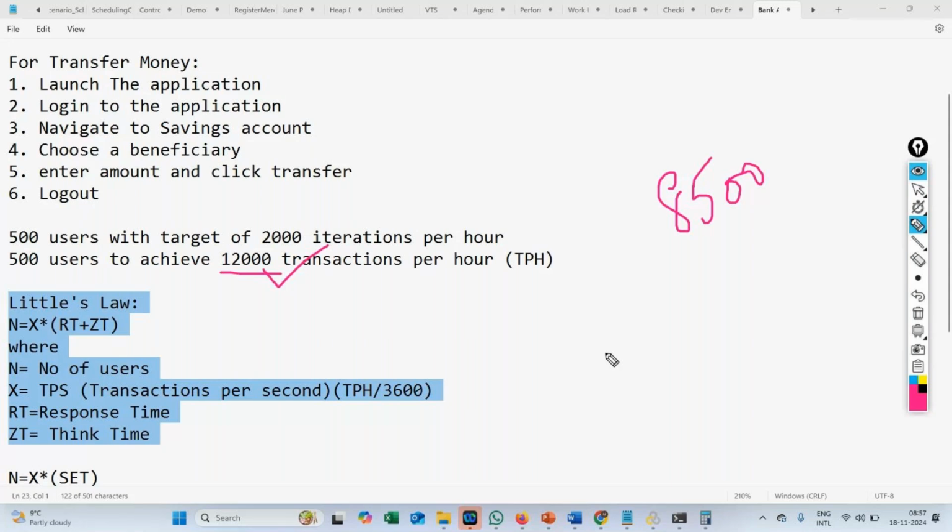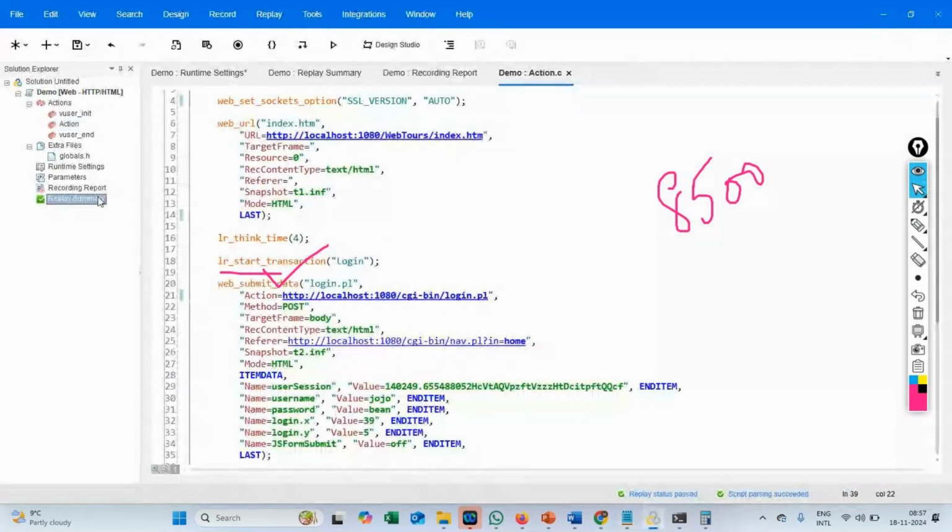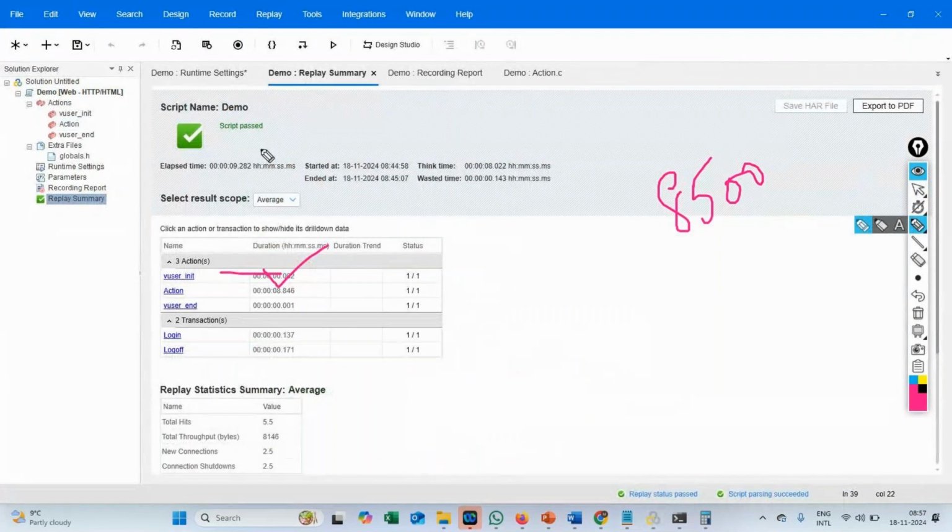Or if you get very high response times during your load test execution, that will directly impact the target. For example, when I ran the script now here, for one iteration, I'm getting like 9 seconds. And let's say login is taking 1 second, log off is taking some 0.1 second, something like that.